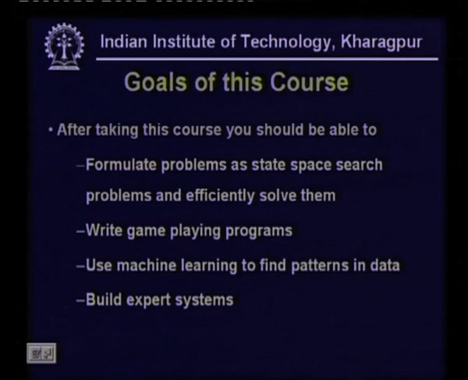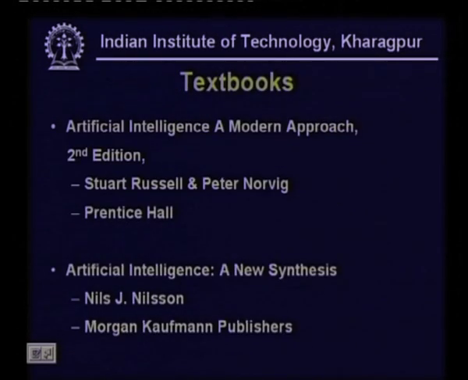You should be able to write programs that play games, particularly two-player games. You should be able to use learning to find patterns in data, to find rules from data. You should be able to build expert systems for different diagnostic and other purposes.